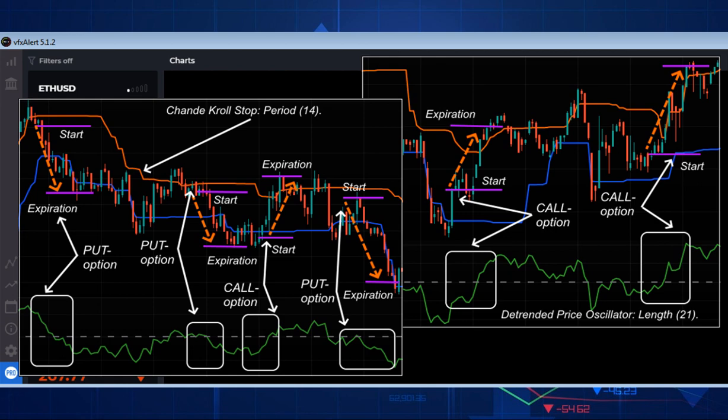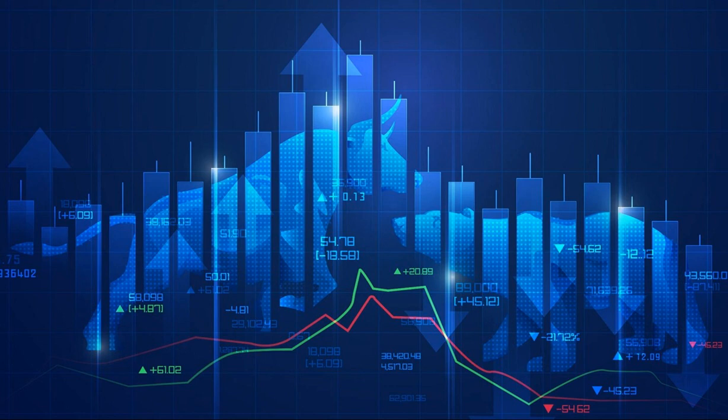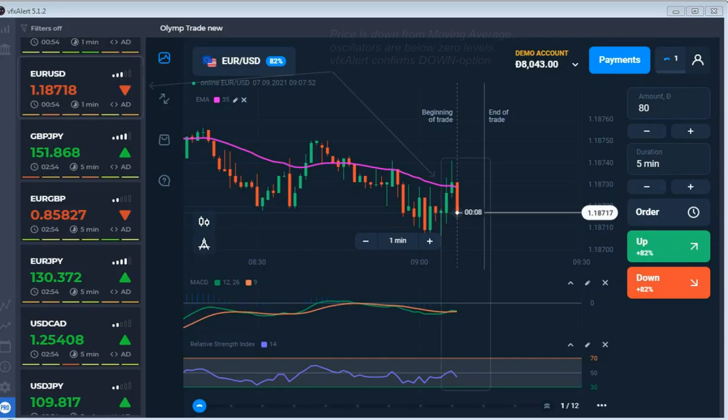The price breaks the moving average from top to bottom or moves below, MACD is below zero, RSI reversed to the oversold zone, level 30. The amount can also be determined depending on the strength of the signal of the adaptive strategy vfxalert.